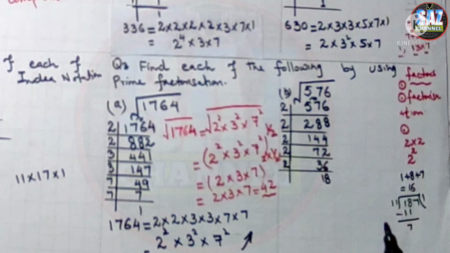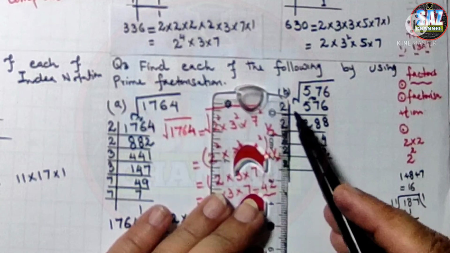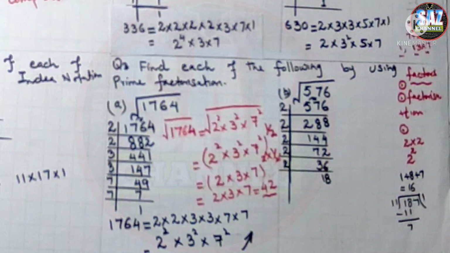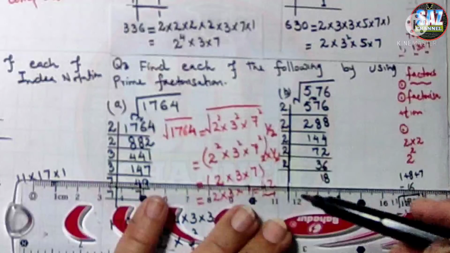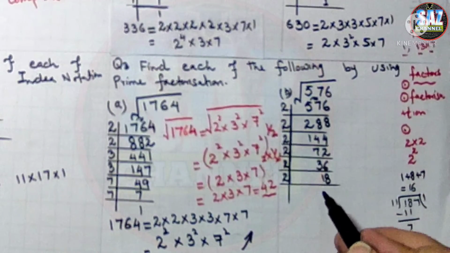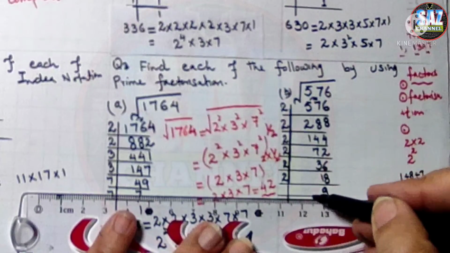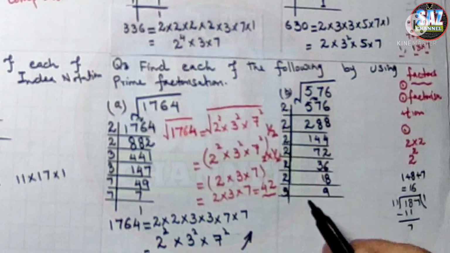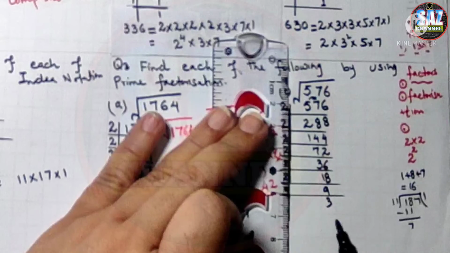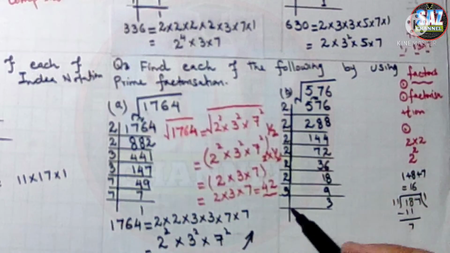As this is a square root, all of the factors must have the index either 2 or a multiple of 2. This is also one of the tricks. 2 9s are 18, and then for 9, the table of 2 is not suitable. 3 3s are 9 and 3 1s are 3.